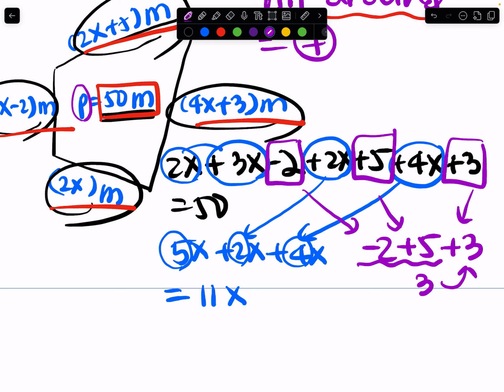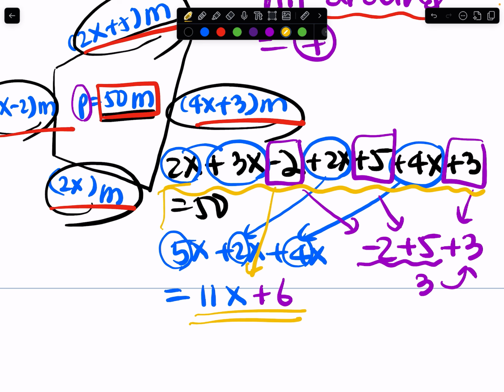Add 3 more to that, plus 6. So when you combine all the like terms to simplify that expression of the left side of the equation, it boils down to 11x plus 6. All that is equal to perimeter 50, isn't it?